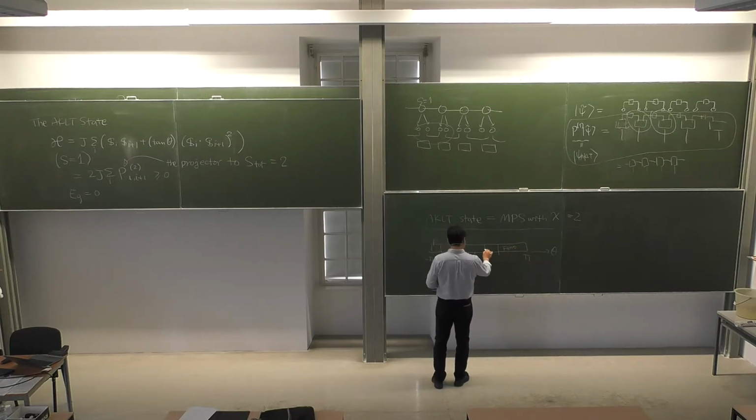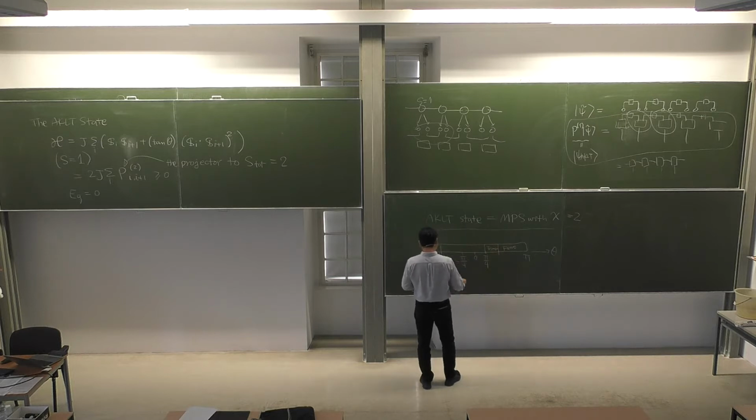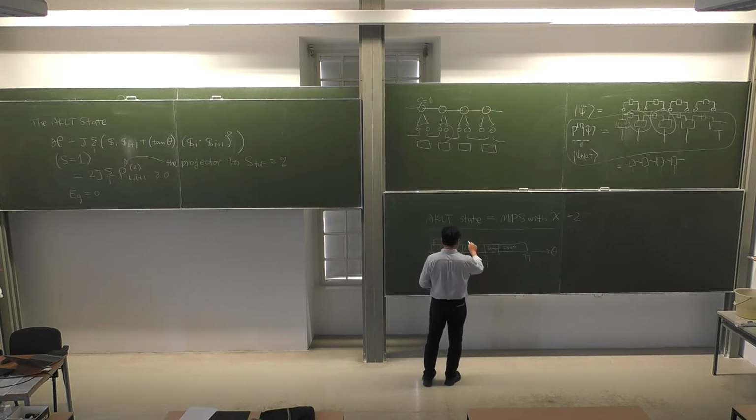And this is the more complicated trimer phase. And here is the dimer phase. And here we get the Haldane phase.